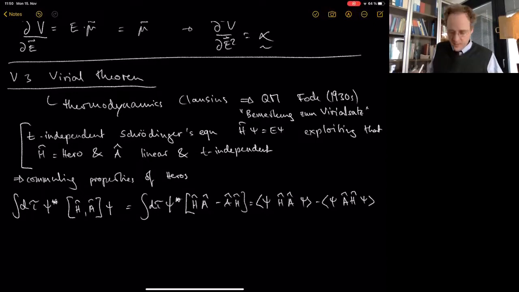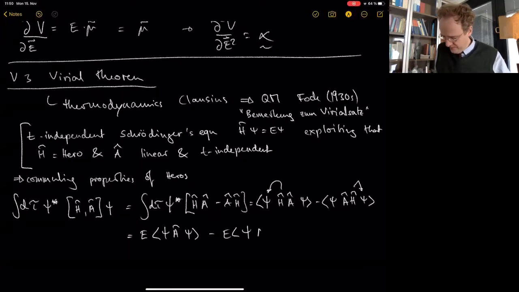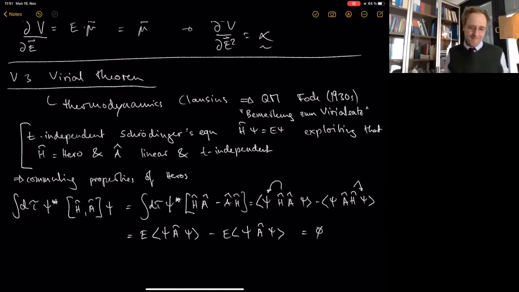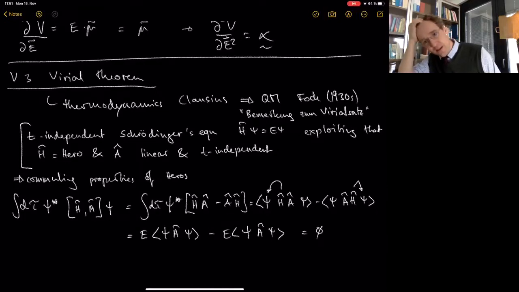And now we operate to the left and to the right because it's Hermitian. So this means that this must be E psi A psi minus E psi A psi, which means it must be 0. Okay. So in other words, the commutator of our Hamiltonian with any other linear time independent operator A is 0.